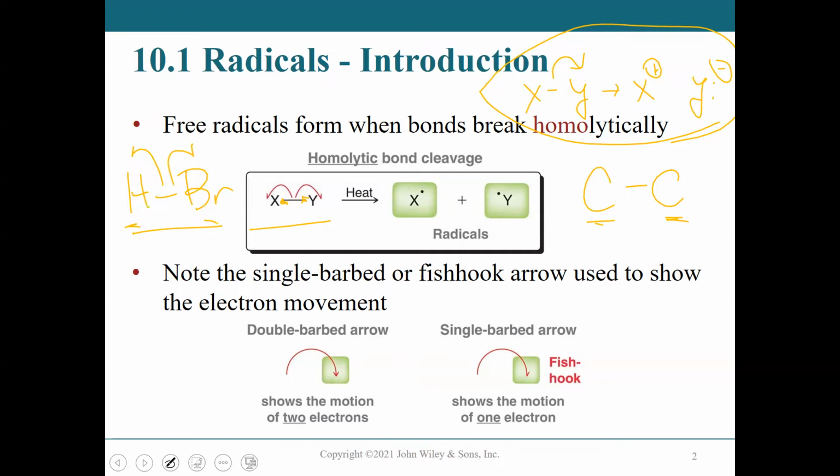Why? Because the reaction conditions are different. What do you mean by reaction conditions? You have to provide the energy to make the homolytic cleavage happen. If you don't have the energy, then you have to give it, not necessarily with heat. Right here you see heat, but sometimes it can be done with light, UV light. For example, whenever you go to the dentist and get a filling, normally they put a white substance that looks like a plaster.